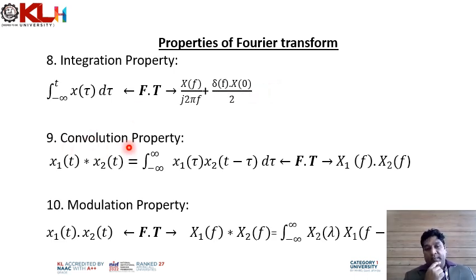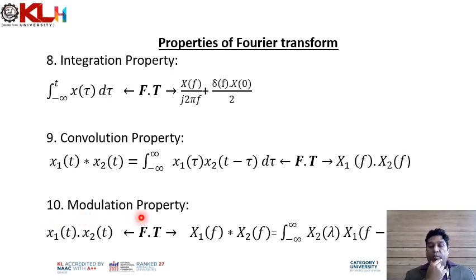Next, we are going to discuss the convolution property. If we take the Fourier transform of the convolution of x1 of t convolved with x2 of t, the Fourier transform will be X1 of f multiplied by X2 of f. So it will be multiplication of the individual Fourier transforms. Now finally we are going to see the modulation property.